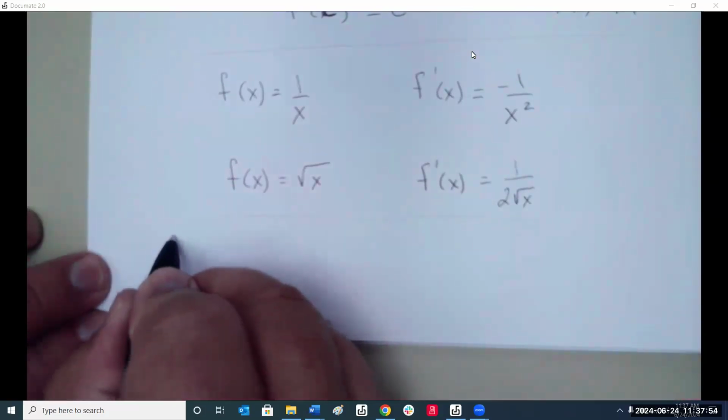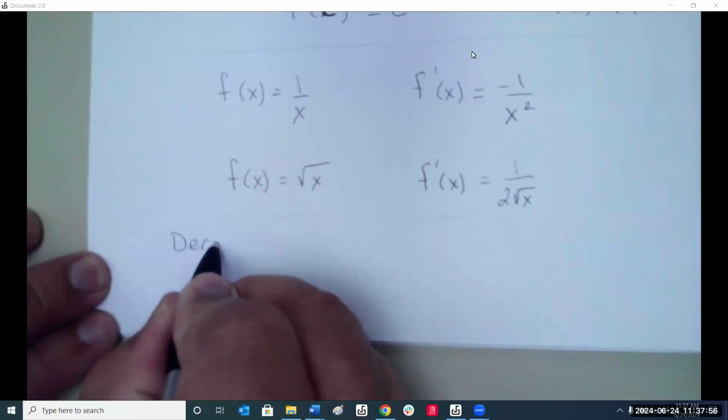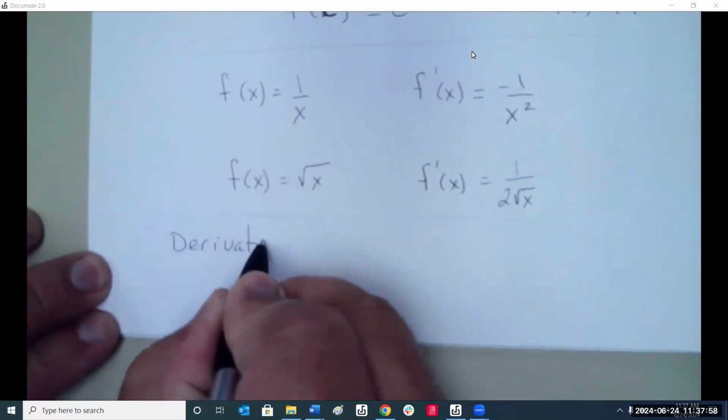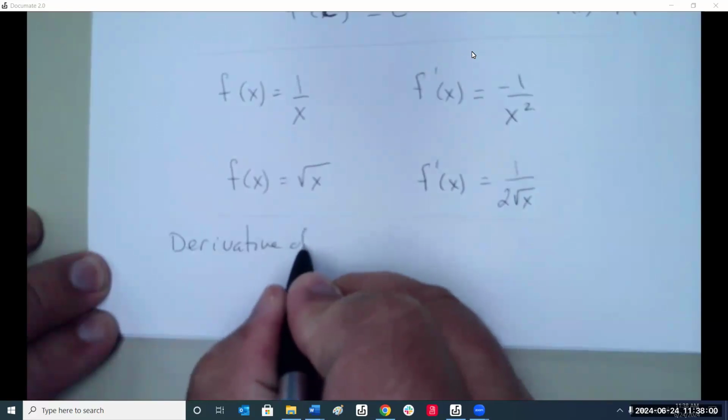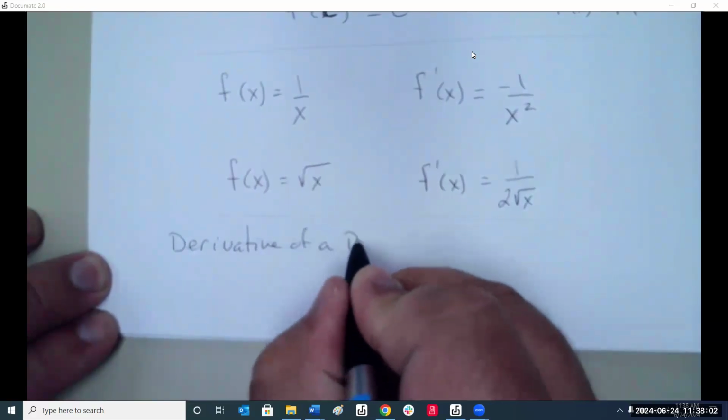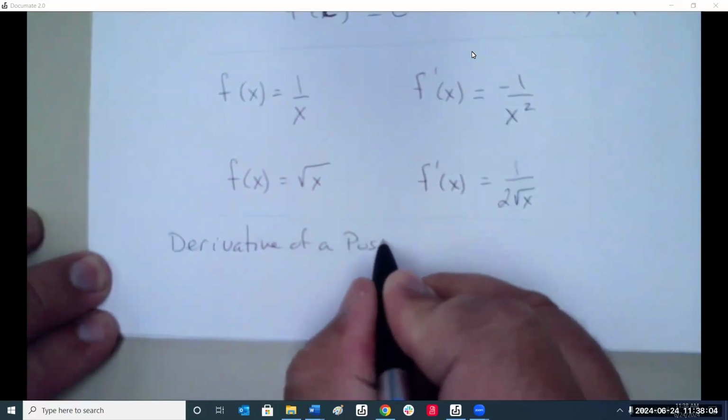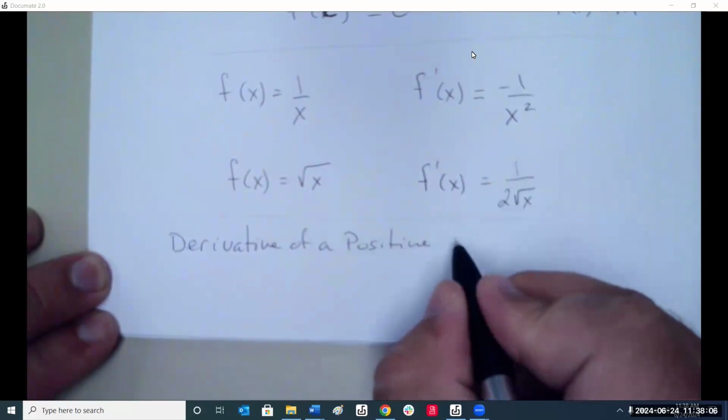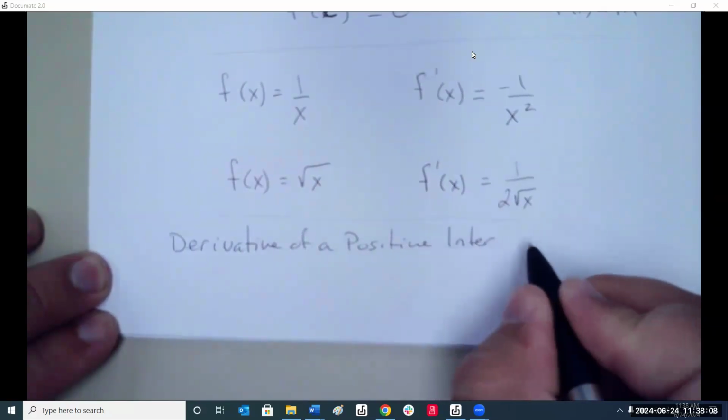So here's the first one. Derivative of a positive integer power.